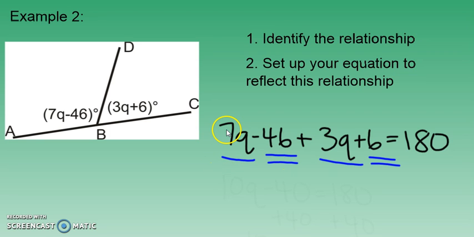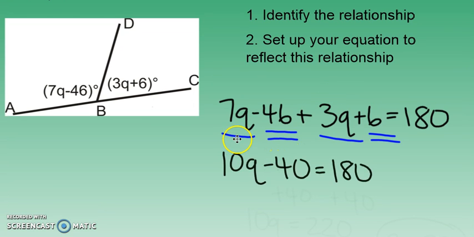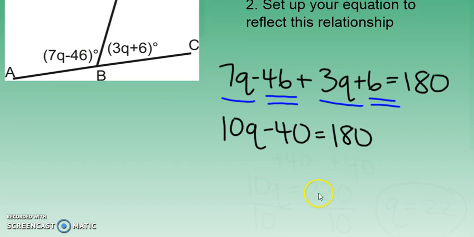I underline the terms that are alike, so I've underlined my 4q and my 3q once because those are like terms, and then I've underlined my constants, negative 46 and positive 6, twice because those go together. So when I combine my like terms, 4q plus 3q is 7q. And then negative 46 plus 6 is negative 40, and that still equals 180. I'm bringing that part down.